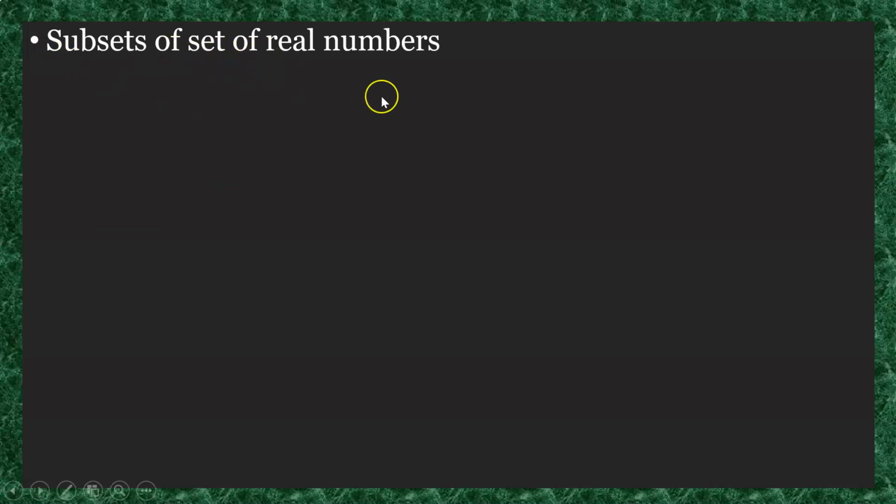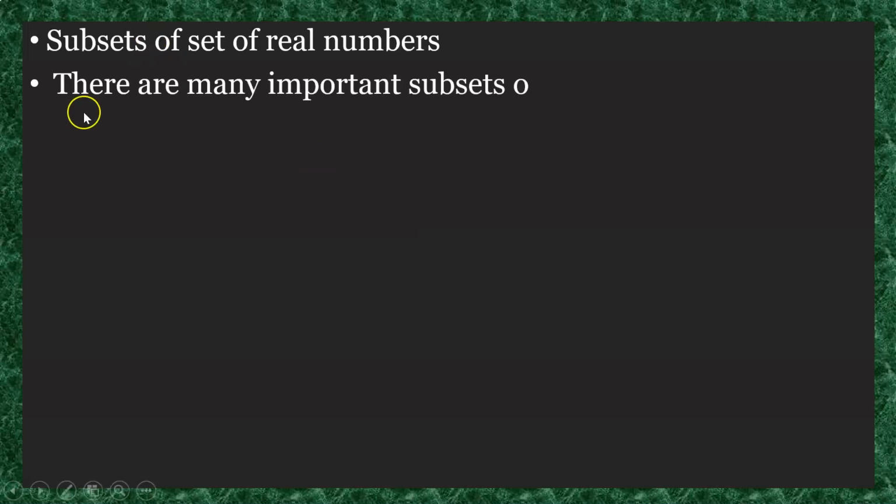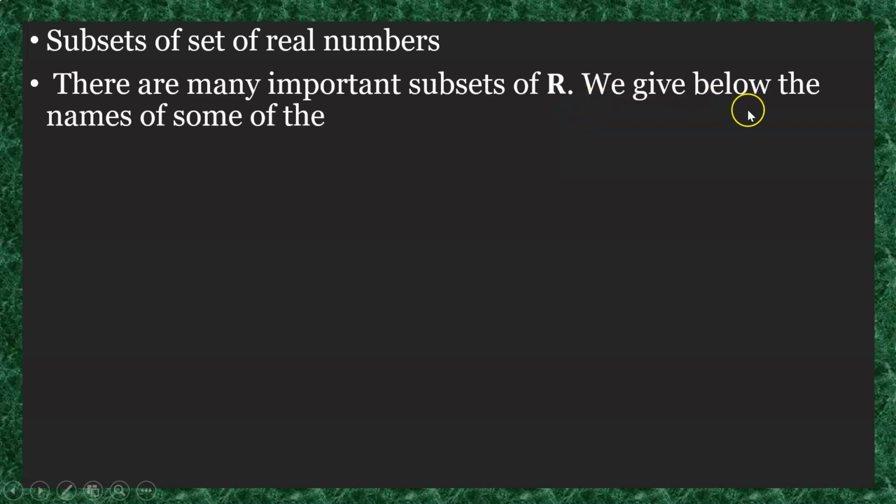Subsets of the set of real numbers. There are many important subsets of the set of real numbers, capital R. We give below the names of some of these subsets.